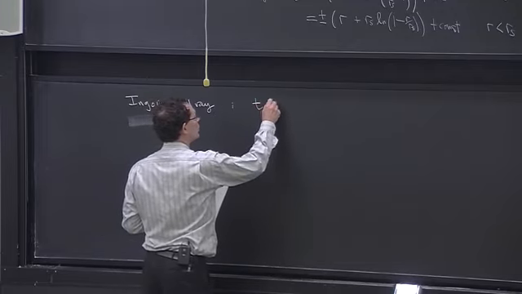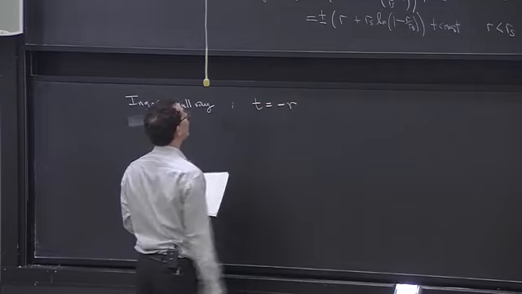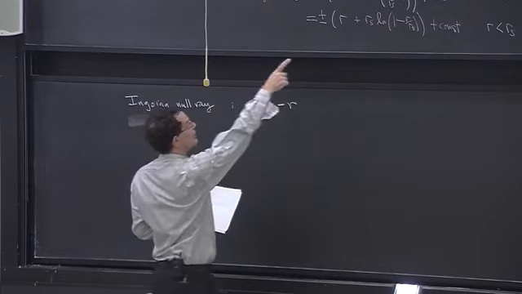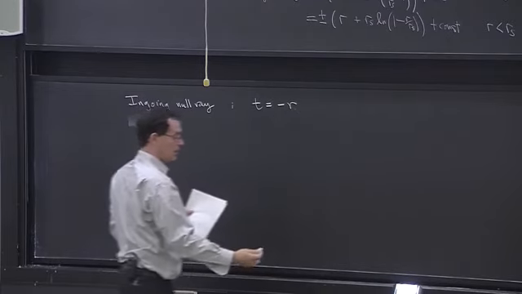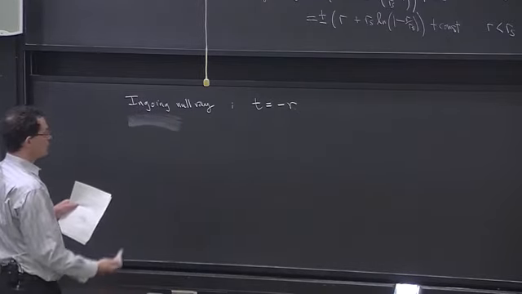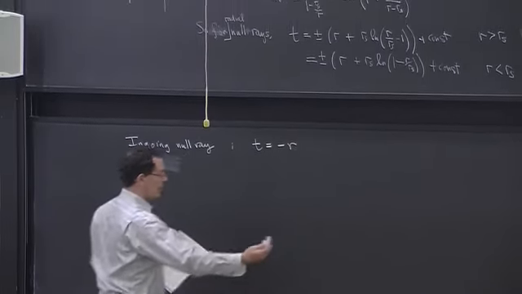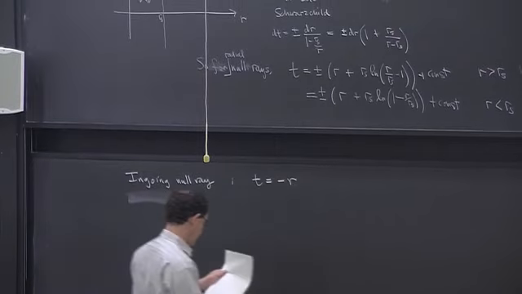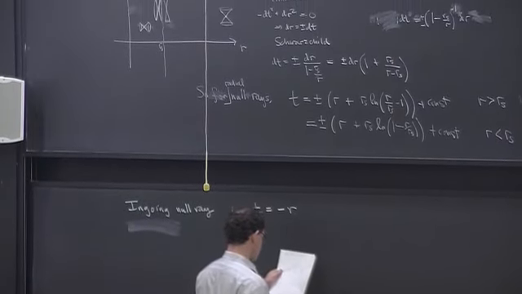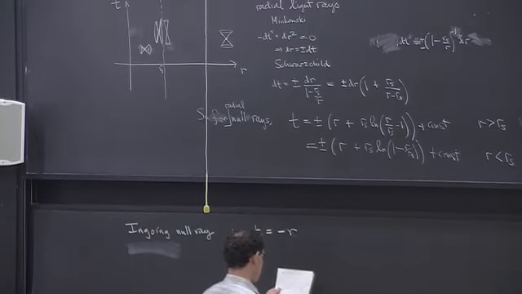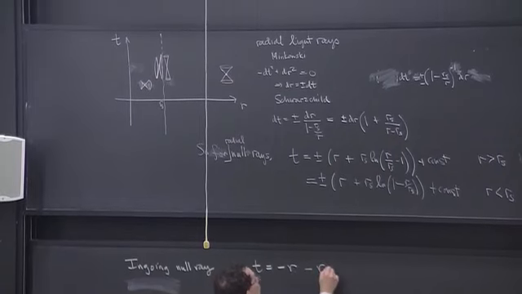And so for that one, we should have t as minus r. Got to pick the minus sign in the first line because as time advances in the positive direction, the radius has to decrease. The radius decreases. So an ingoing null ray looks like this.